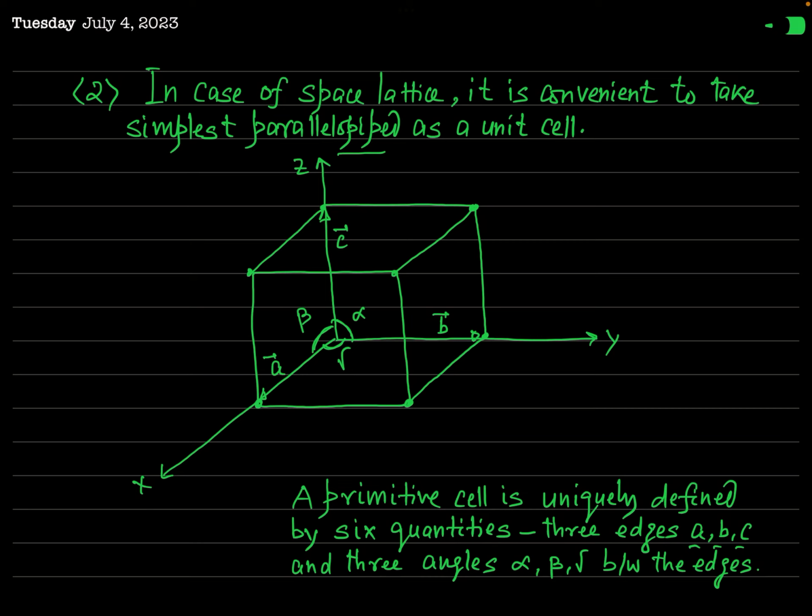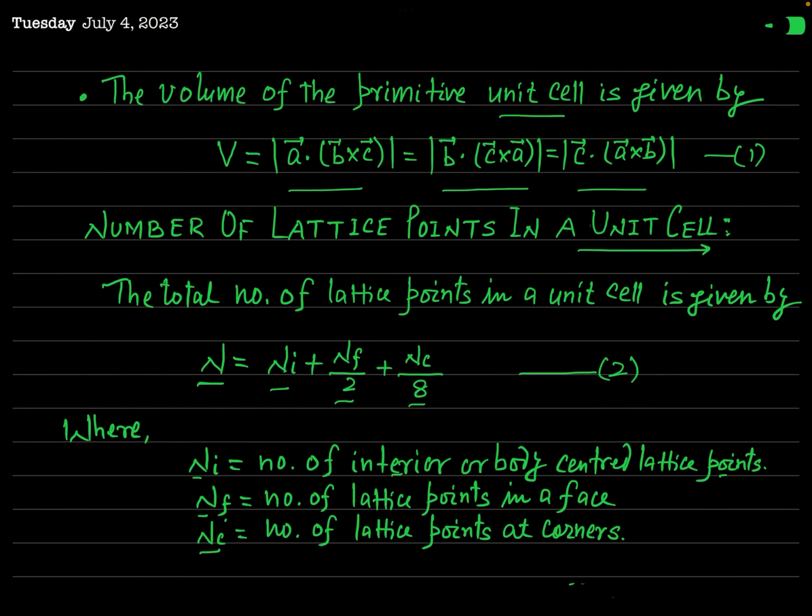But each lattice point is shared between 8 similar unit cells.